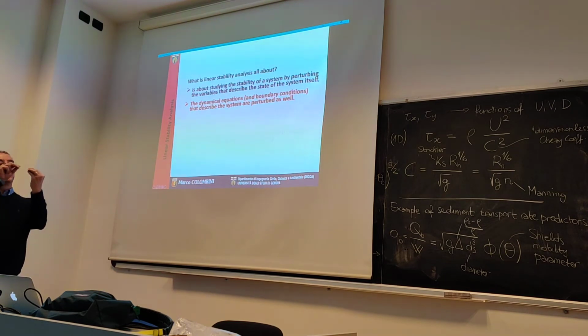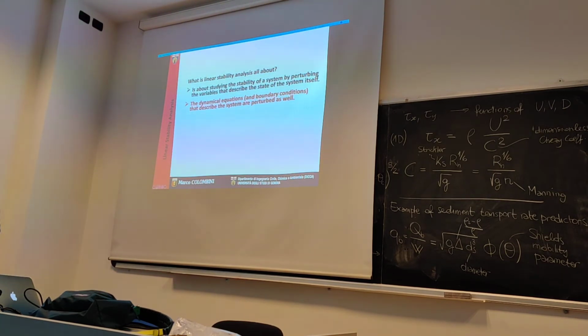Okay, the system is in some point in some space of the parameters, and we try to transform some very abstract concept into something which makes sense to you. It is not easy. So you assume that you have some point in a space which describes the state of your system, then you move it slightly and see if it stays there or moves away and goes to another point.